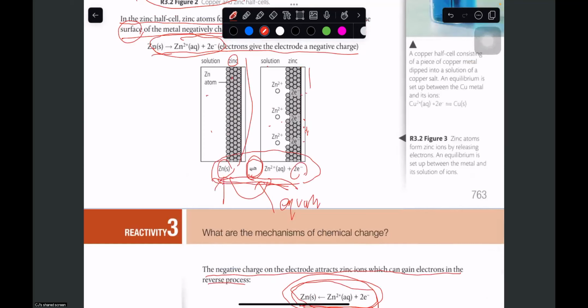And every half cell has a half reaction equation. The metal loses electrons, and we have the symbol with both arrows in it. This is the equilibrium reaction, right? So at the equilibrium, the left part and the right part reactions are equal to each other.